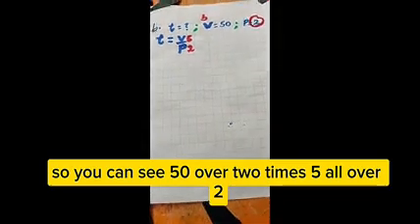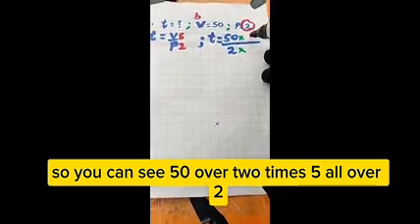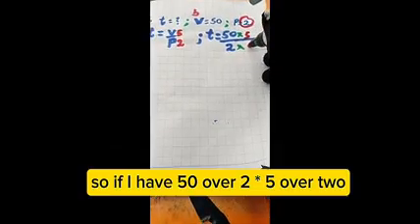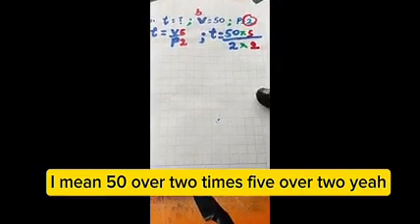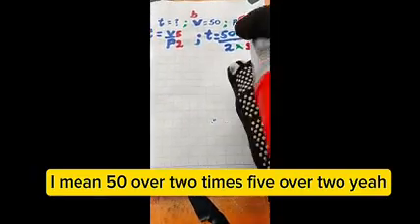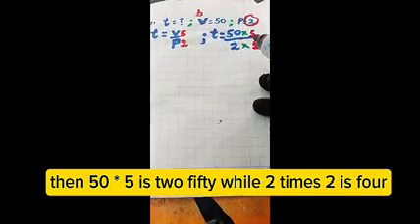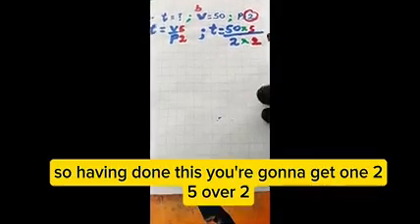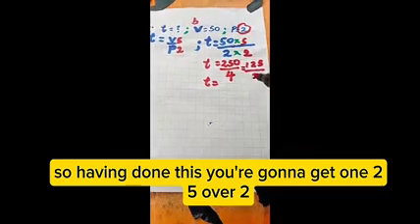So you can see 50 over 2 times 5 over 2. Then 50 times 5 is 250, while 2 times 2 is 4. So having done this, you're going to get 125 over 2.